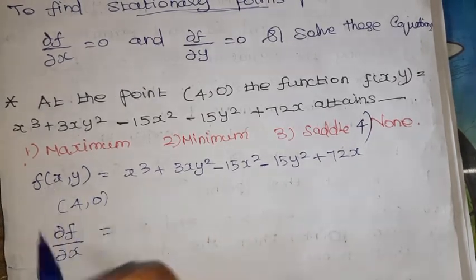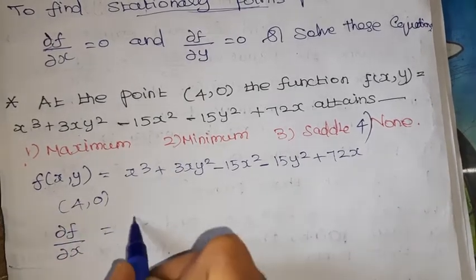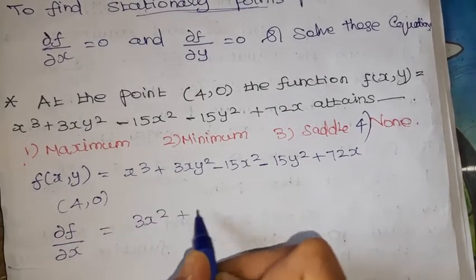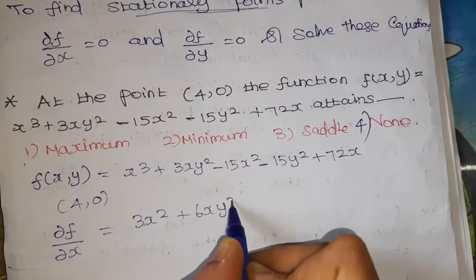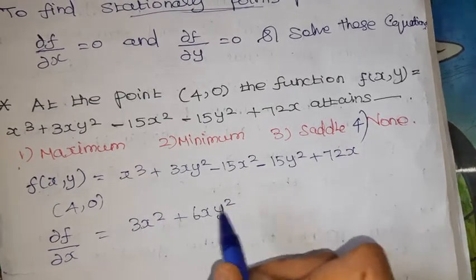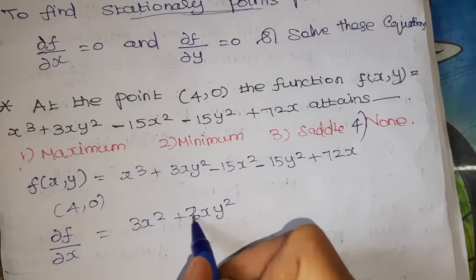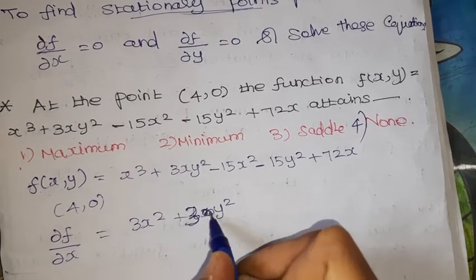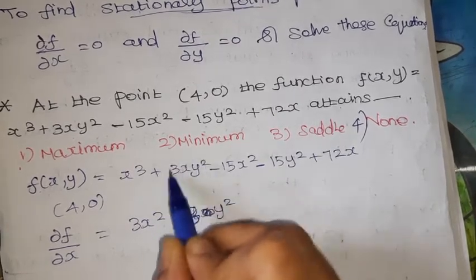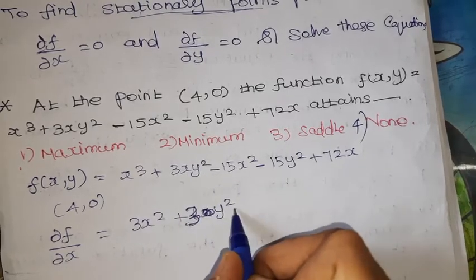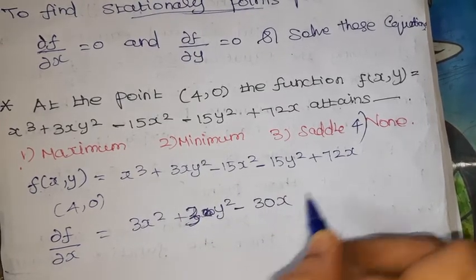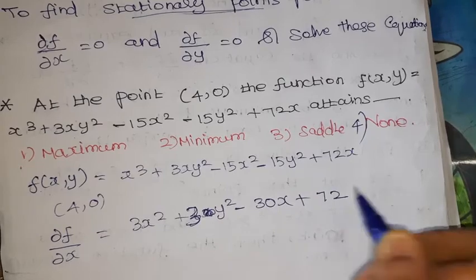First we need to partially differentiate with respect to x. Differentiating with respect to x, 3x squared plus 3y squared minus 30x plus 72, right, this one.